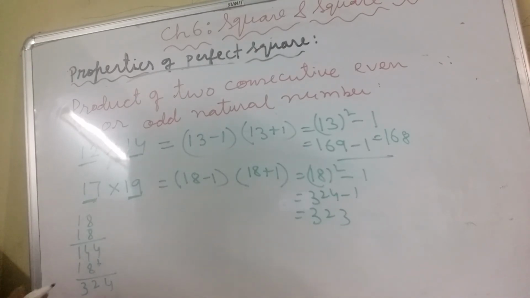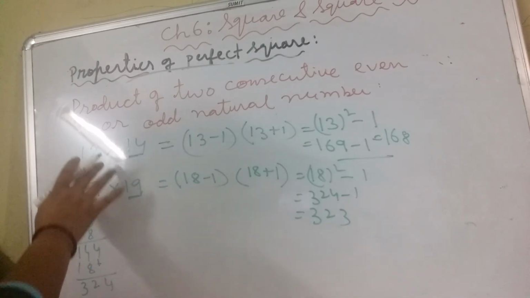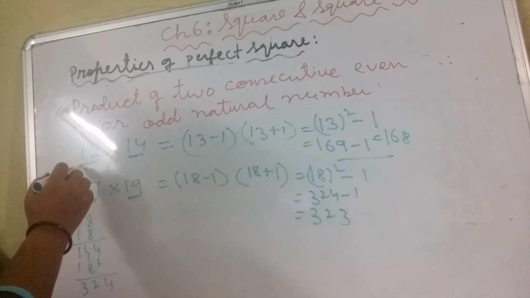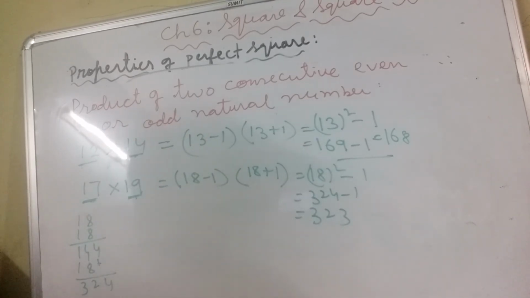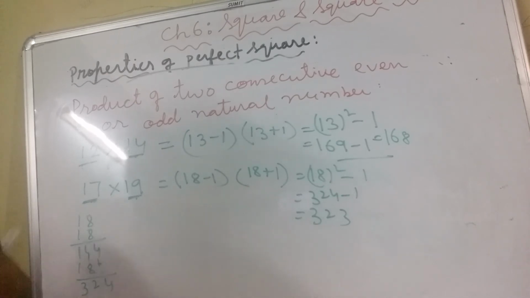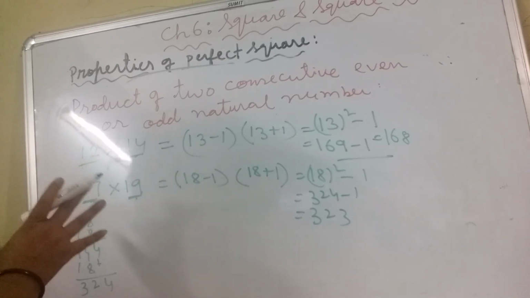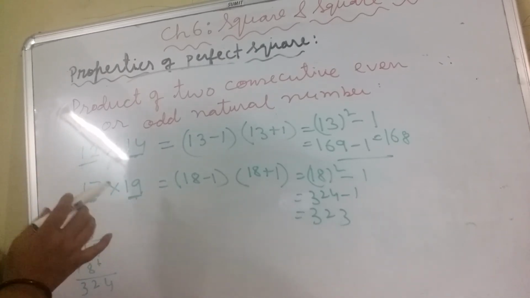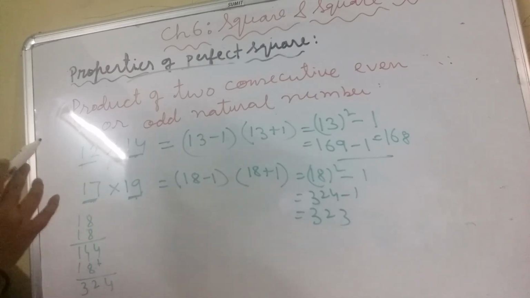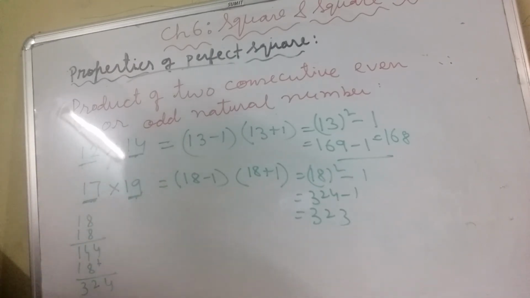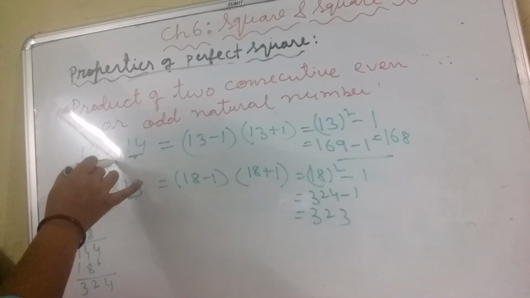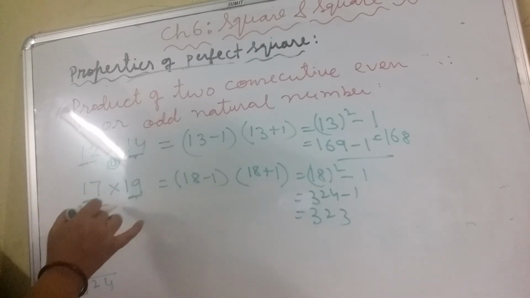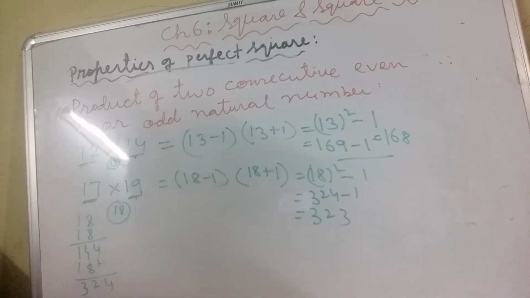This way you can find the product of two consecutive even or two consecutive odd numbers. You only have to remember that if they are two consecutive even or odd numbers, you find the square of the number in between. For 12 and 14, the in-between number is 13, and for 17 and 19 it is 18.